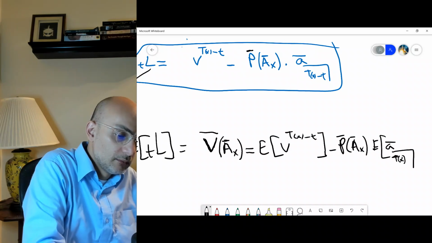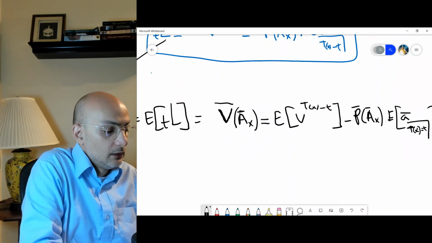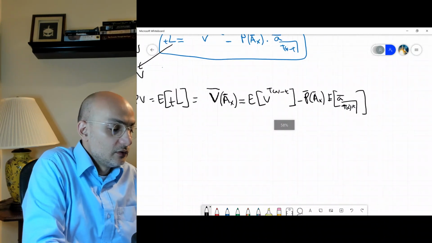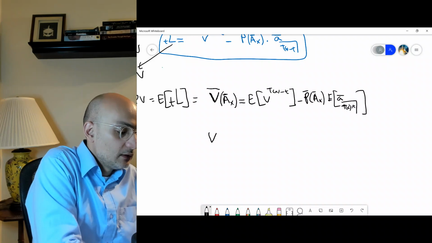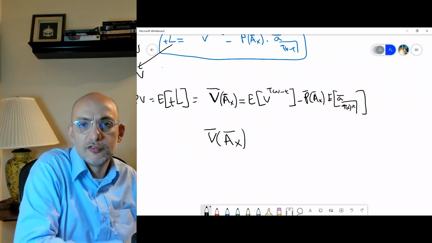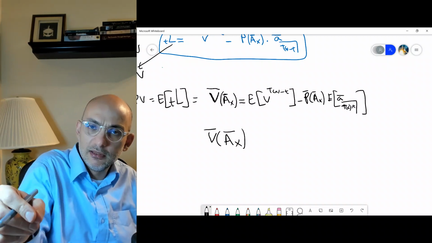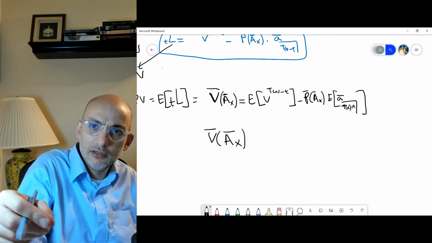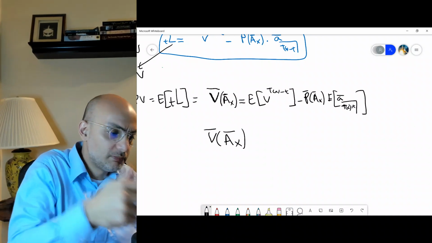Capital T, but we subtract the small t. Right. So this one can be written again as Var. This is the expected value of loss at time t, which is the reserve that you need to keep.